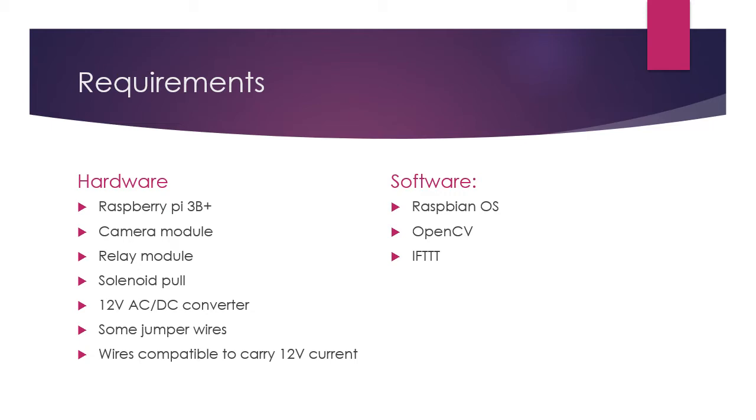And I have also used IFTTT, by which the user will get a notification that someone has entered the house. So I will let you know how to work with all of these.